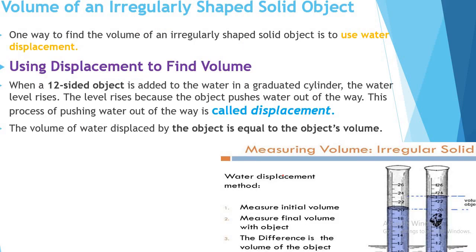What about the volume of an irregularly shaped solid object?